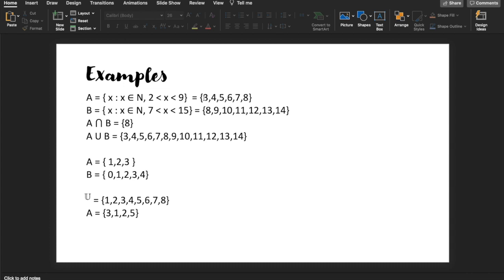Union is something that belongs to set A or B. One thing you can do to make it easier for you is just write everything in set A, then curly brackets, and whatever is in set A or the first set, write it down. And then consider set B. Whatever is common in between them, except for that, write the rest.